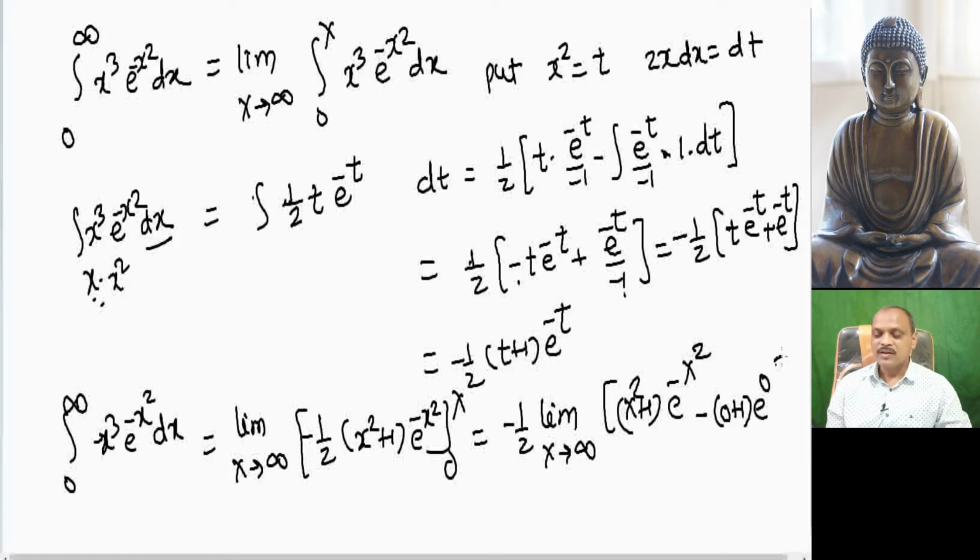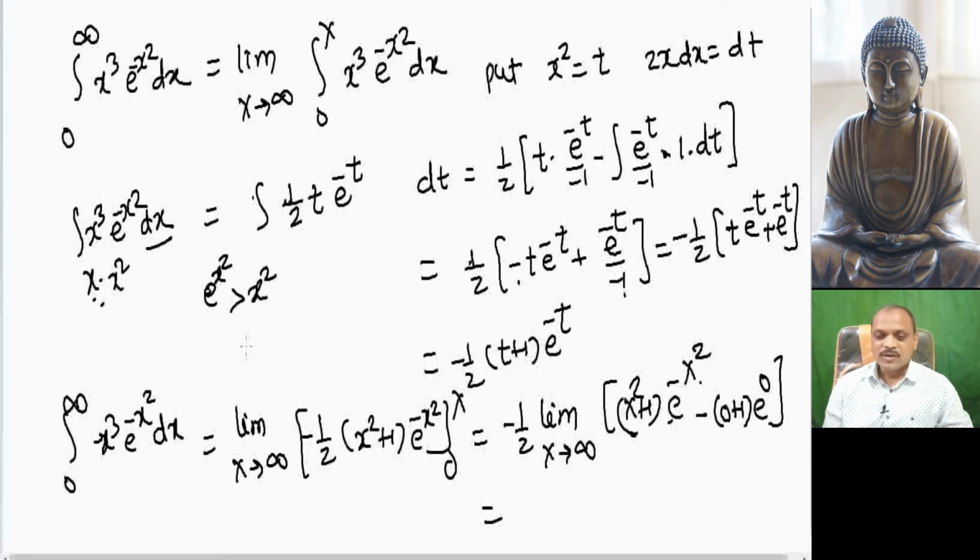Equal to, here at infinity, x square divided by e raised to x square, you can see that e raised to x square is greater than this x square, right?